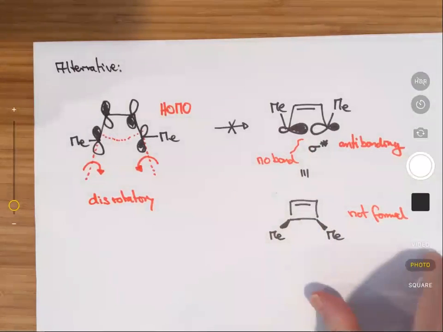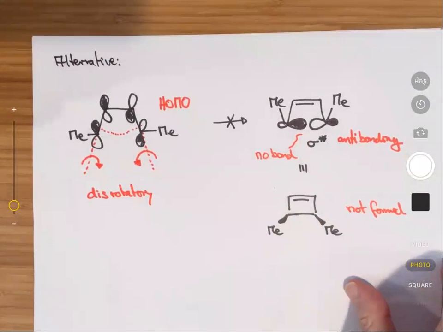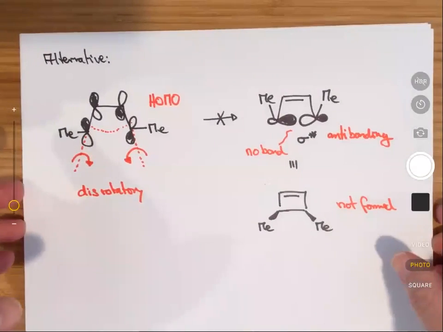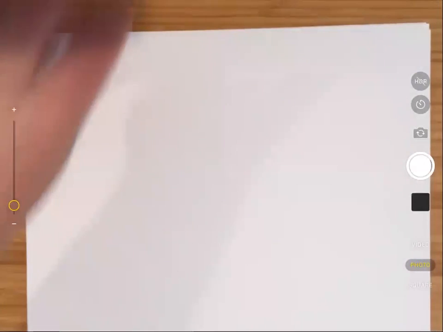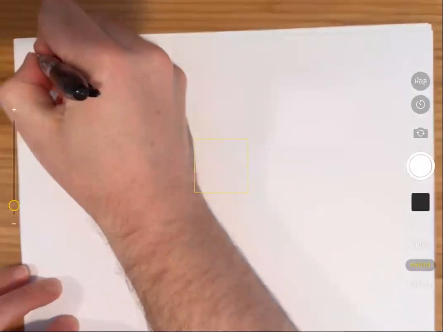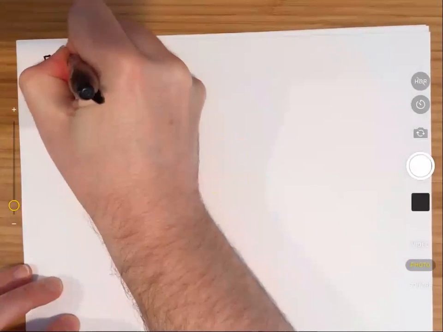Now, of course, we have not just the forward way to analyze these transformations, but due to microscopic reversibility, the reverse reaction goes through exactly the same transition state.